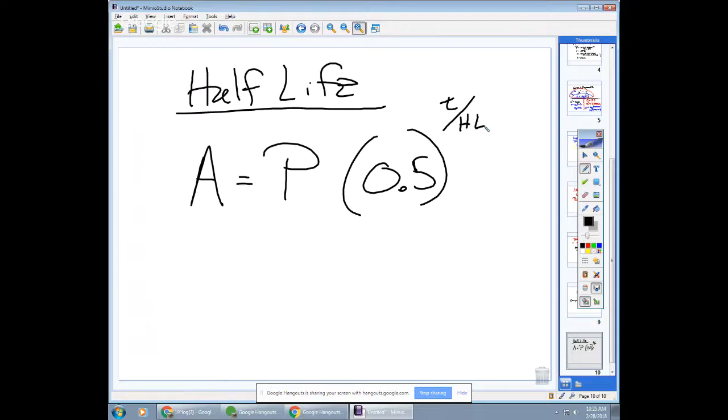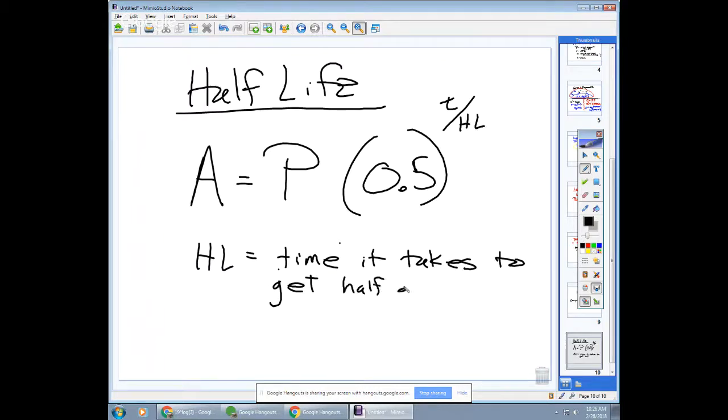So in this formula here, HL is just the time it takes to get half of some amount. So like with caffeine, the half-life was 6.5 hours, so I had T divided by 6.5.